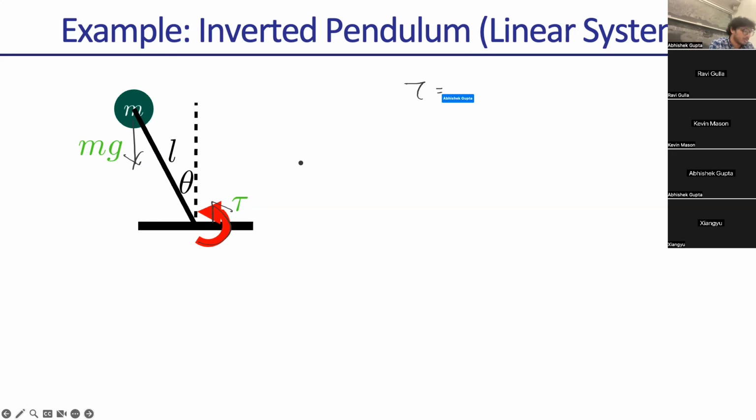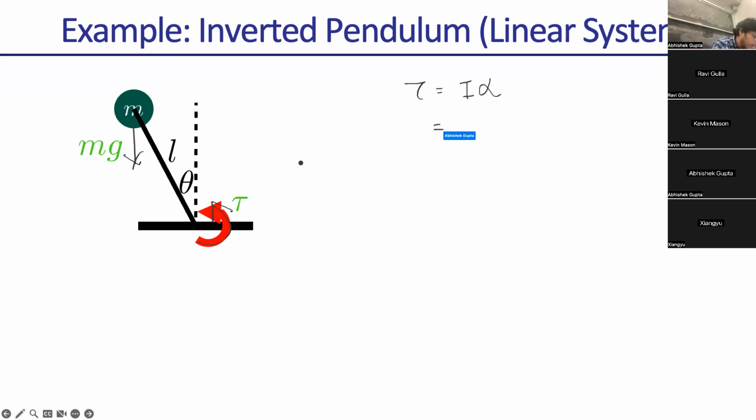Now let's think about it: if you have torque, you can say torque is equal to the moment of inertia times the rotational acceleration. It's like F is equal to ma, tau is equal to I alpha. In this case, let's think about alpha as theta double dot, the second derivative of theta. It's only a rotating system, so alpha is theta double dot.